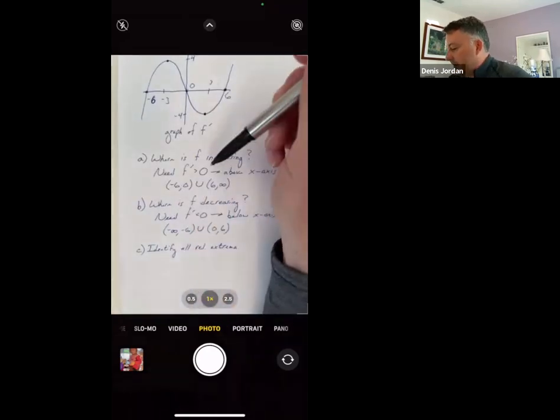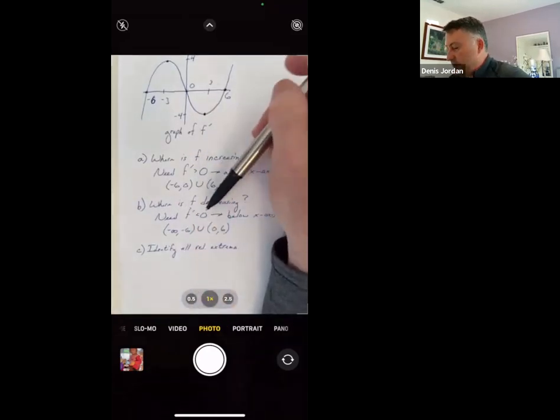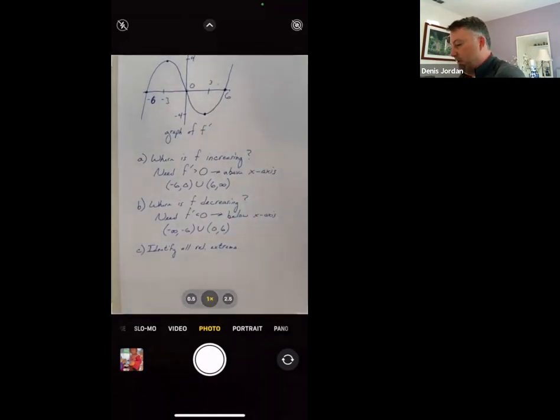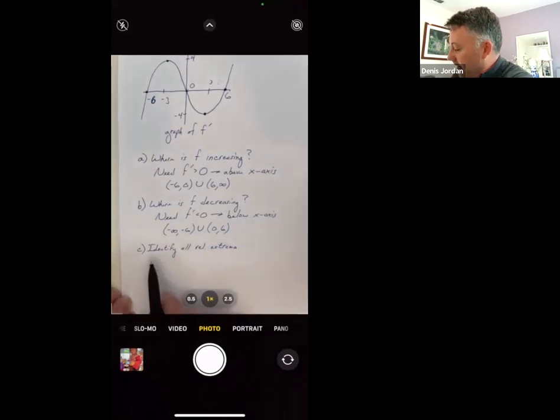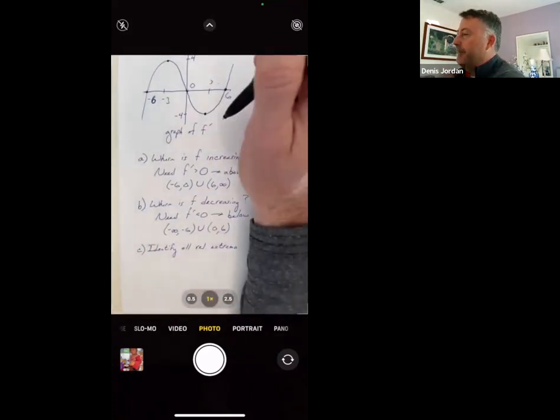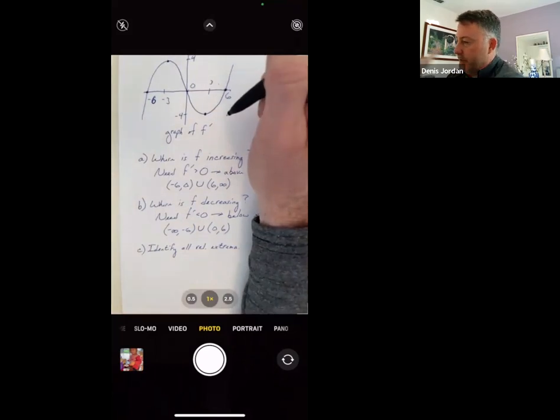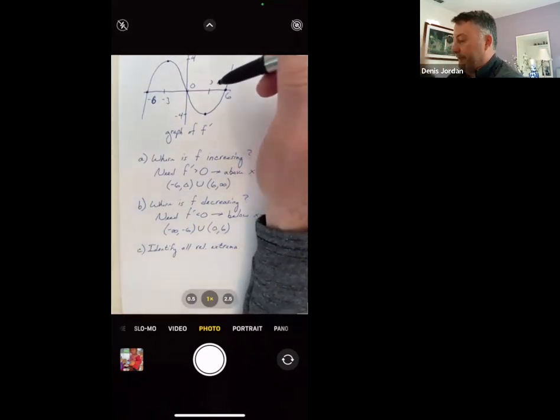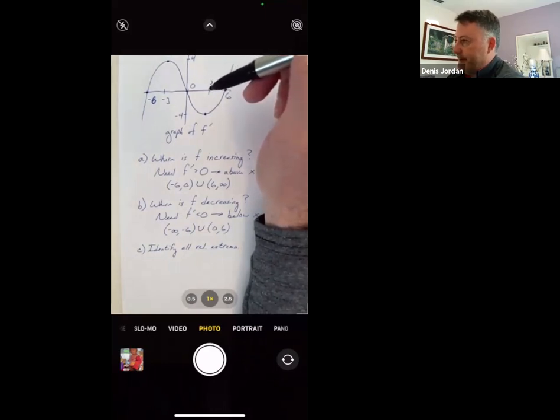All right, any questions on these first two? Okay. So for all relative extrema, you're looking for your relative maxes and your relative mins. So there has to be a sign change in your derivative. It has to switch from positive to negative or negative to positive.